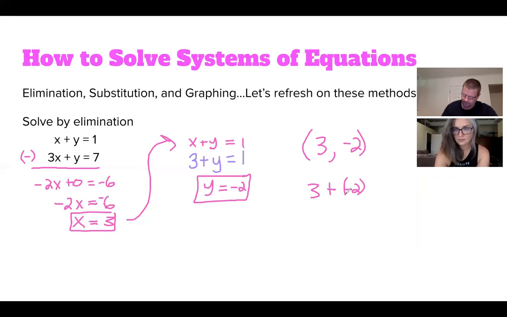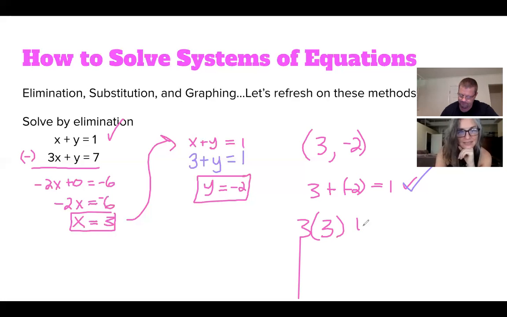And last time we checked, that equals 1. And that means it works in this equation up here. Now it's going to be 3 times 3 plus a -2, and that does equal 7, which means it works in the second equation.